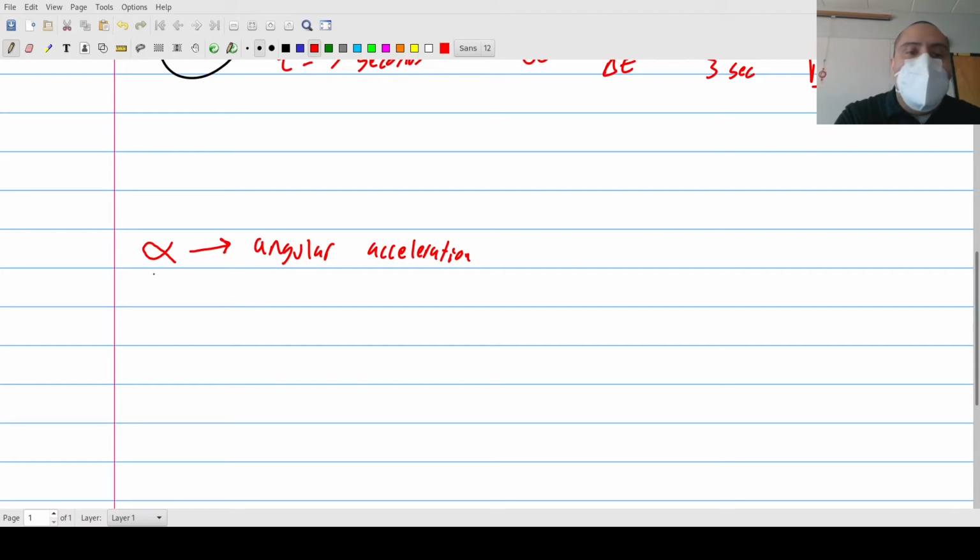So because of that, angular acceleration, we are going to define it as alpha is equal to a change in angular velocity over a change in time. So this is equal to, maybe you'll write it as omega final minus omega initial divided by t.